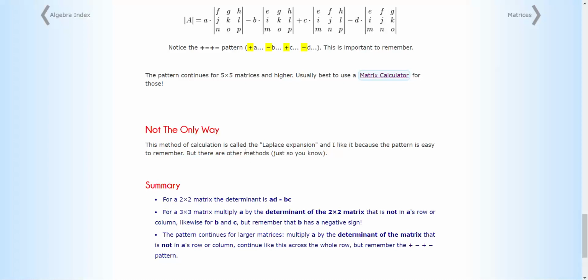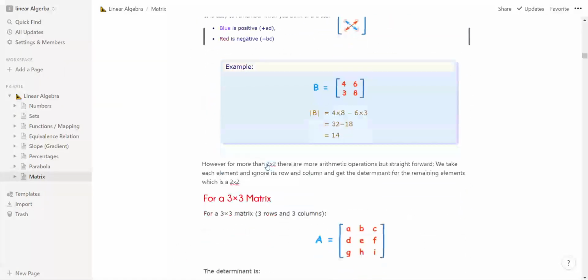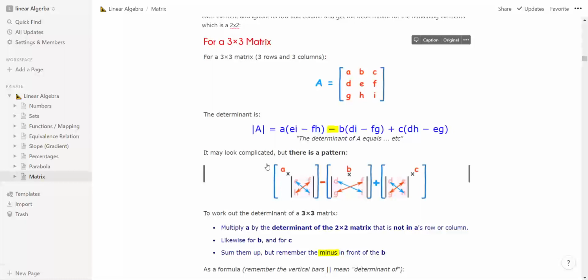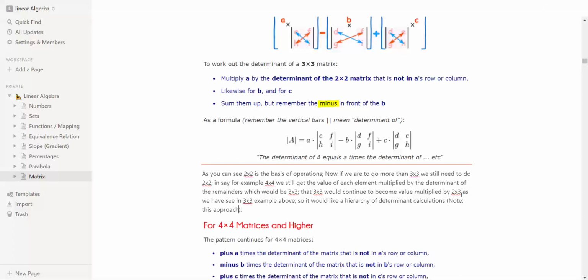But there are other methods, just Laplace expansion.